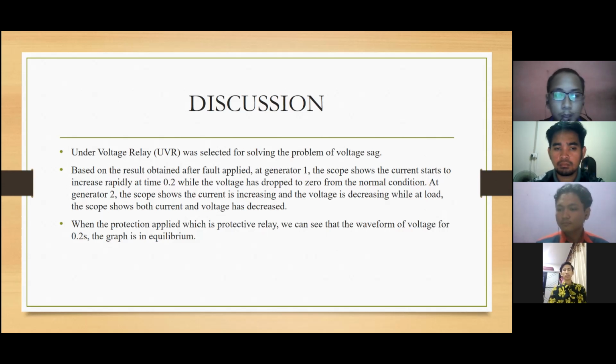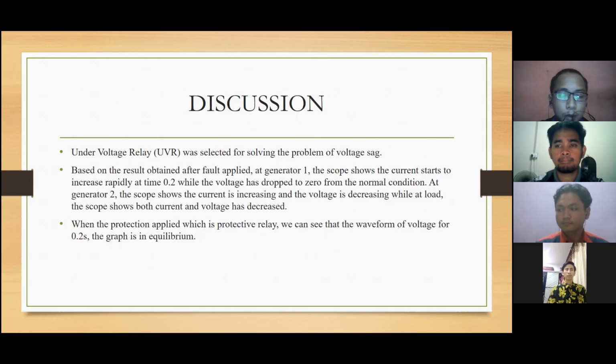When the protective relay is applied, we can see that the waveform of voltage for 0.2 second is in equilibrium. The protective relay acts as a sensor to detect the fault, then knows its location, and finally gives the circuit breaker a tripping command.